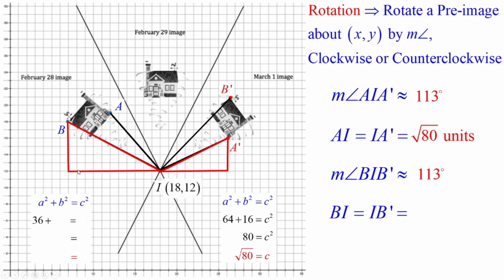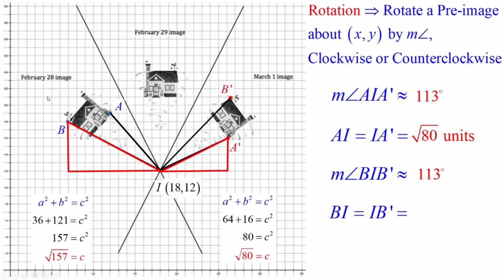And then 1, 2, 3, 4, 5, 6, 7, 8, 9, 10, 11, and 11 squared is 121. That has to equal c squared. Well, 36 and 121, that'd be 157 equals c squared. So the square root of both sides, the square root of 157 equals c.